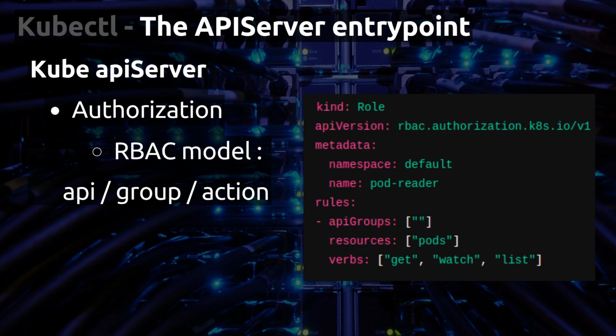In our case, in the screenshot, this is a pod: on pods, we can just get, watch, list for this role. So when you have created a role, after that you can add some users to use this role, and users can do the same things that are allowed through this role.